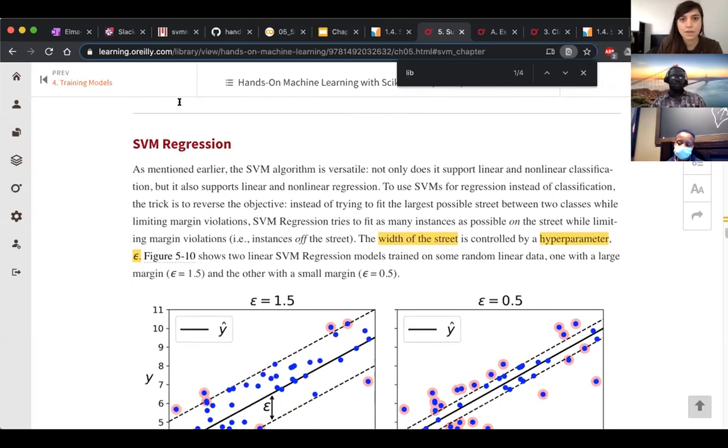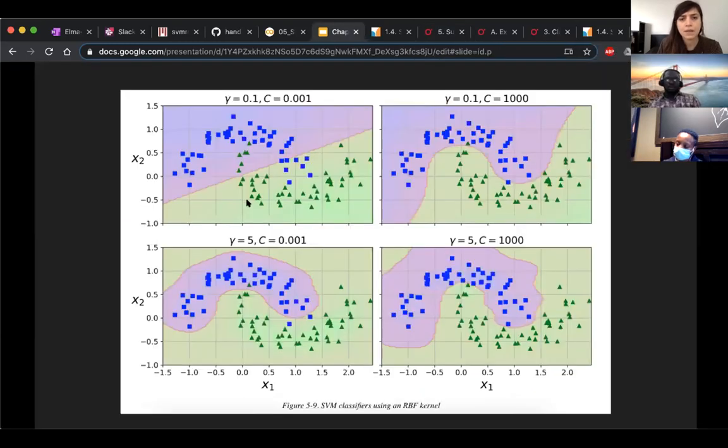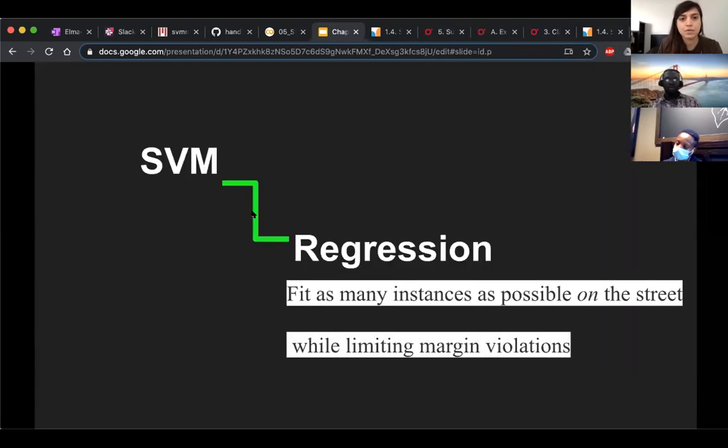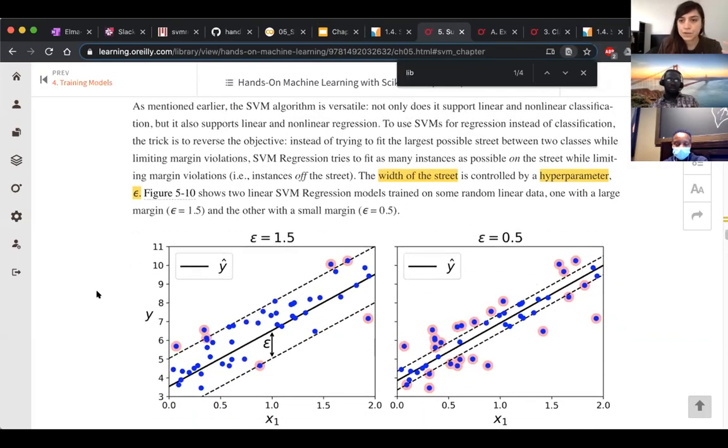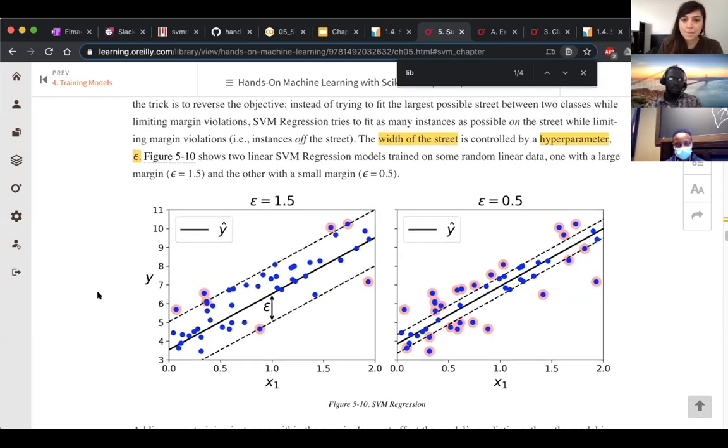All right, so I'm going to move on to SVM regression. By far we've talked about classification. Now let's move on to regression. SVM does regression using the same street analogy, but instead of the previous classification one that tries to keep the street without any violators, here it is quite the opposite. We want the largest street that fits as many instances as possible.